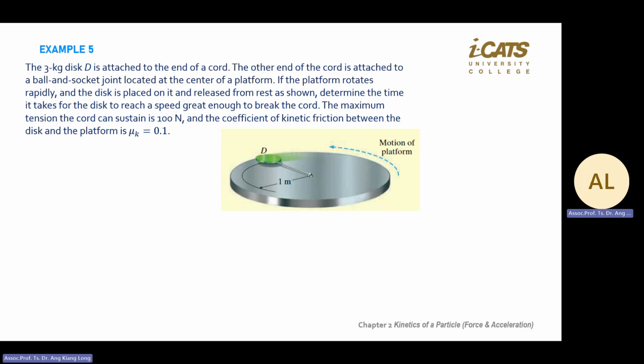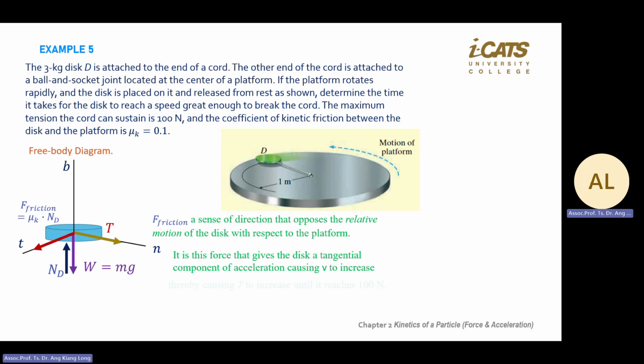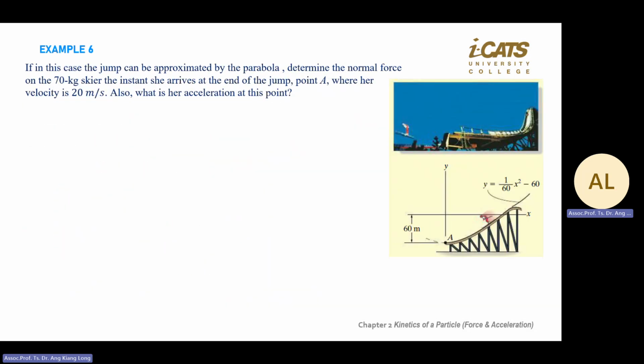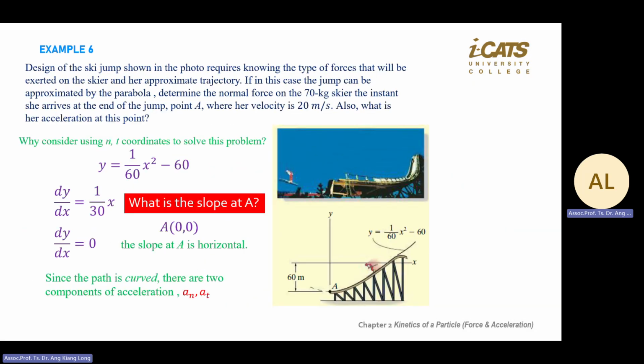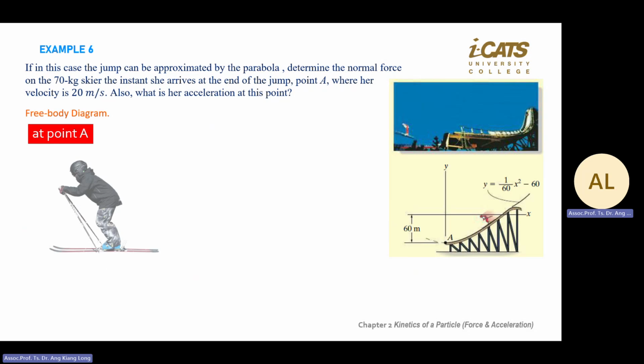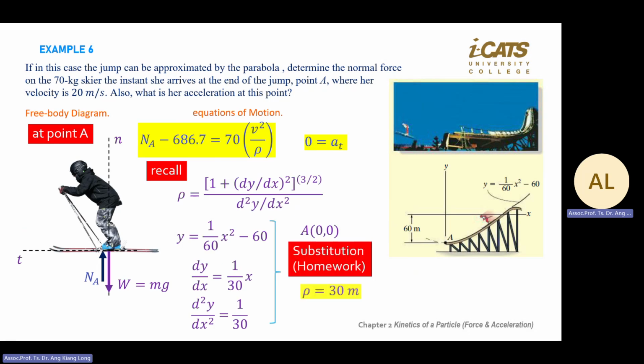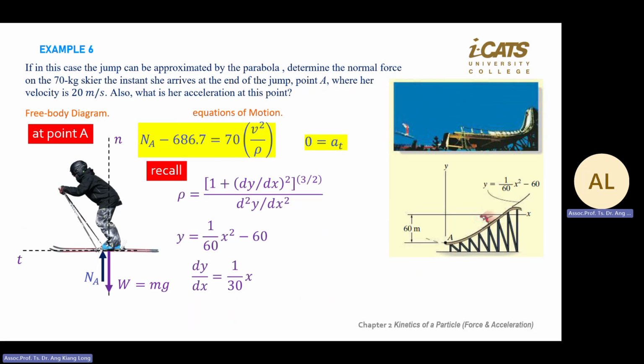Okay. Example 3, example 5, go home and read. There's a tricky part. Example 5 will be your final exam standard. Go and read. Okay. Example 6, also go home and read. I just want to highlight, every time you see curvature motion, you need to use v squared over rho.